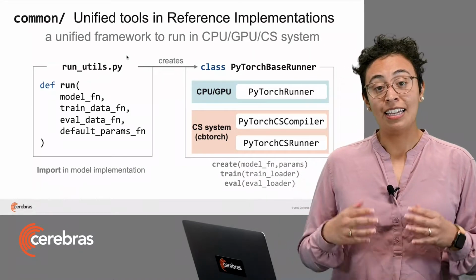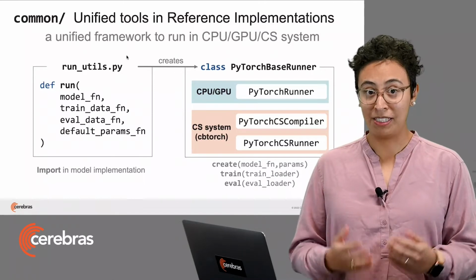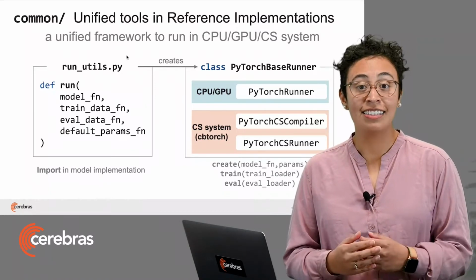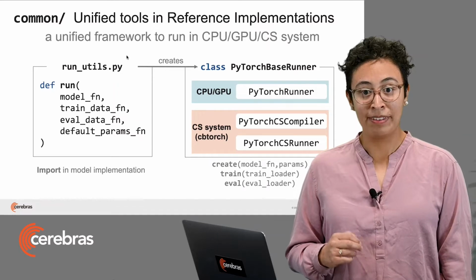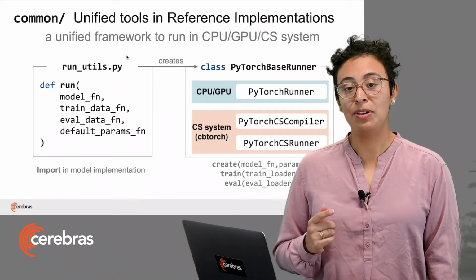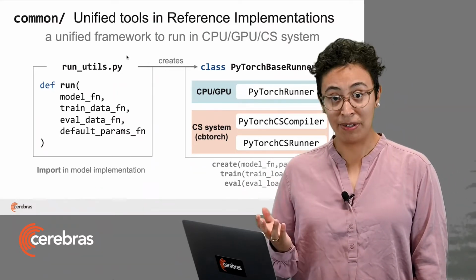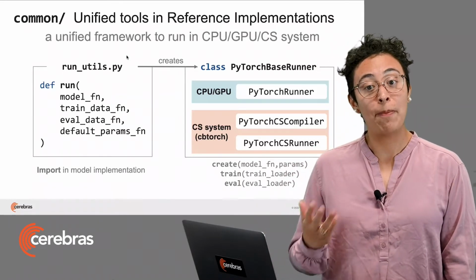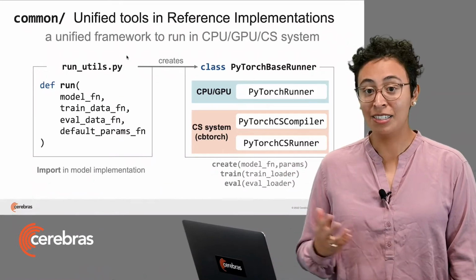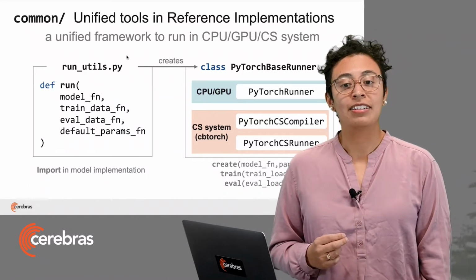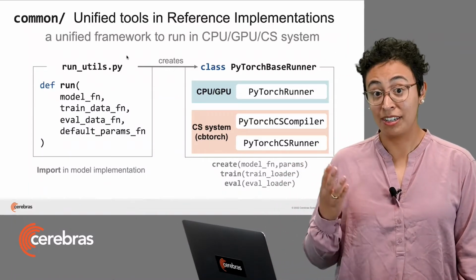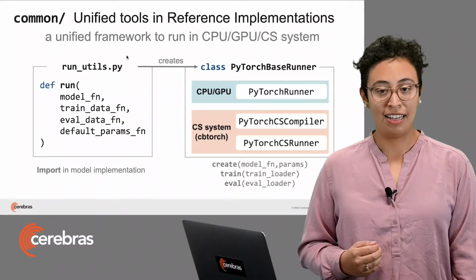Inside run, there is a creation of a PyTorch-based runner. This is a class that is a wrapper for two different types of runners. The first runner is CPU and GPU enabled, and it is called PyTorch runner. This runner only runs Torch code. The second type of runners are the ones that use CVTorch to run on the CS system.